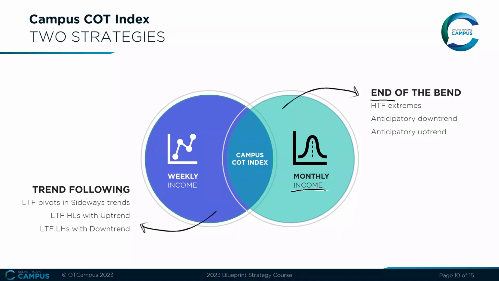So we have what we call a trend following strategy, and that trend following strategy is looking for existing trends and then smaller extremes in terms of the anchor points, in terms of the look back that we're going to apply.